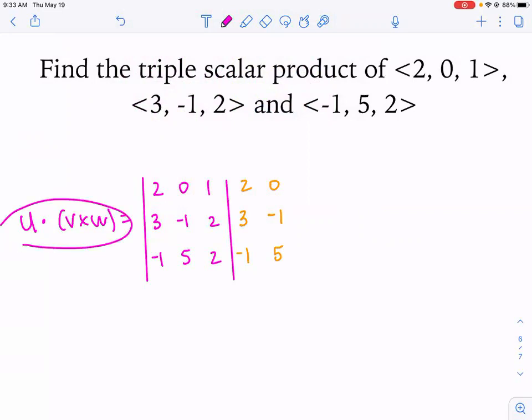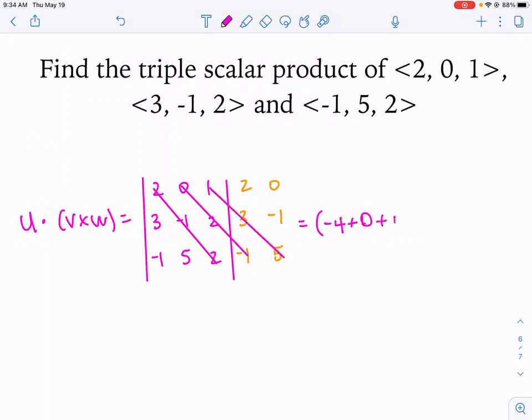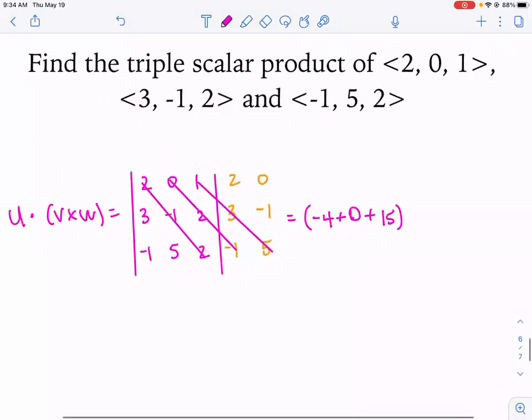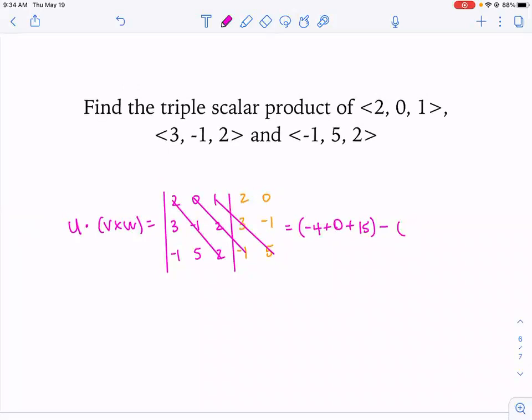Okay. All right. So we get -4 plus, what's this product? Plus 15. And then we're going to subtract. What's this product?